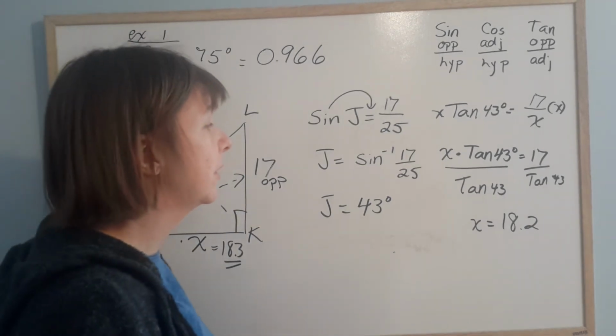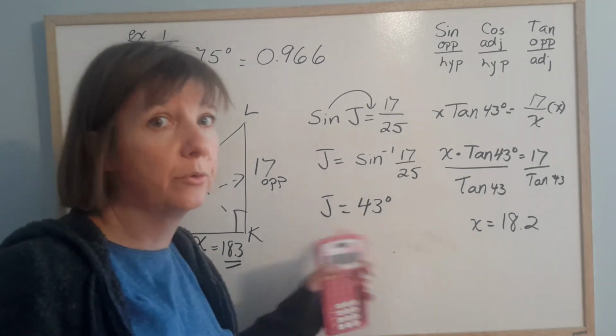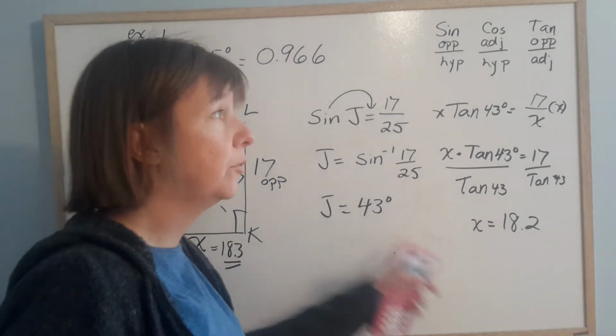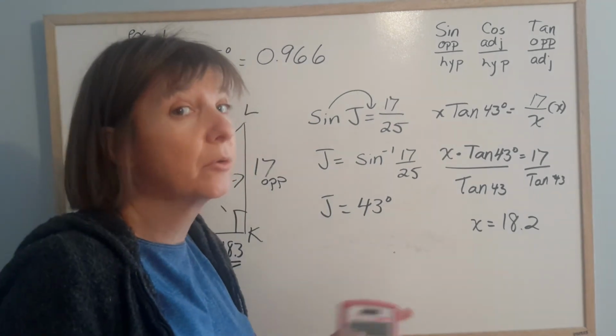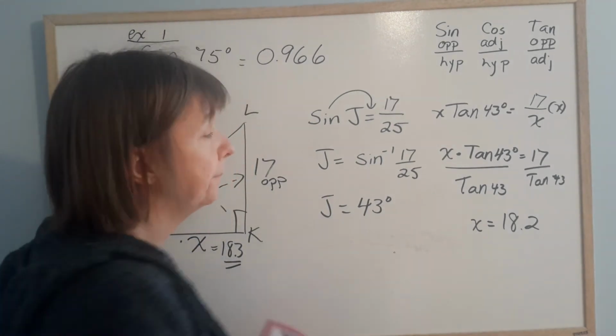So one more example, example number 4. And again, I don't care if you do this with Pythagorean theorem or this 2-step process. My guess is most of you would choose Pythagorean theorem, but it's up to you.